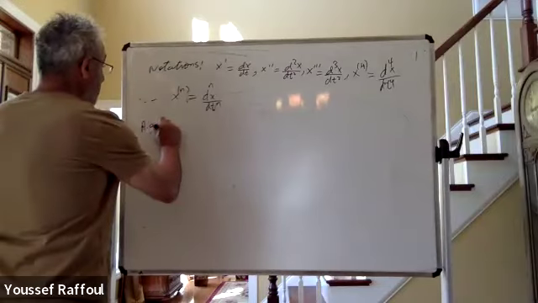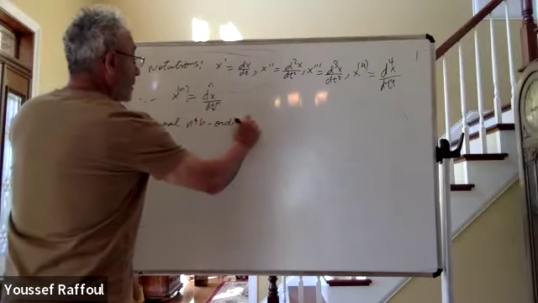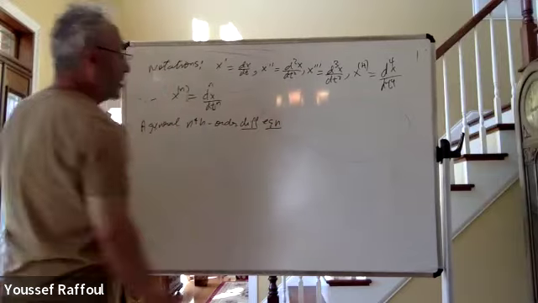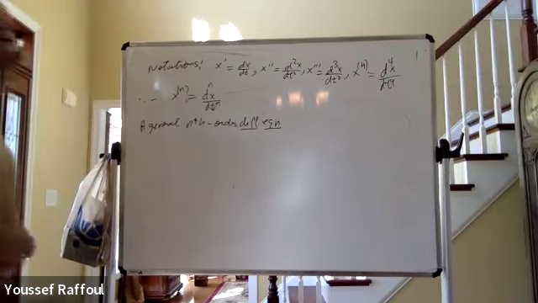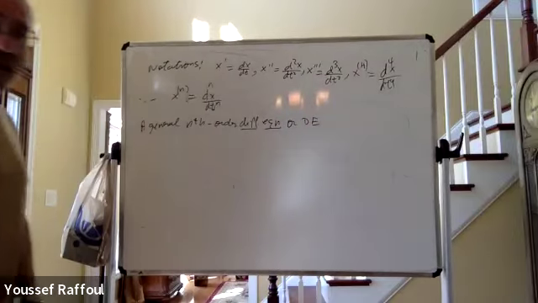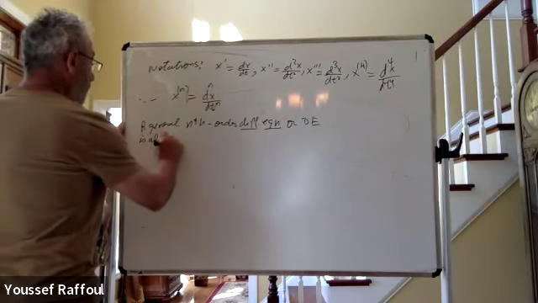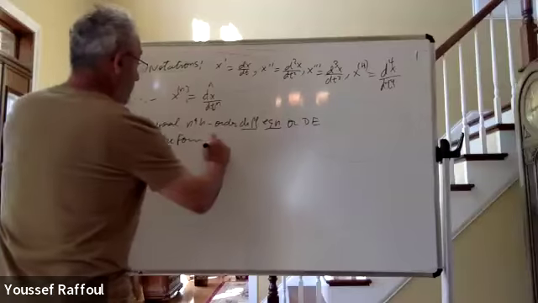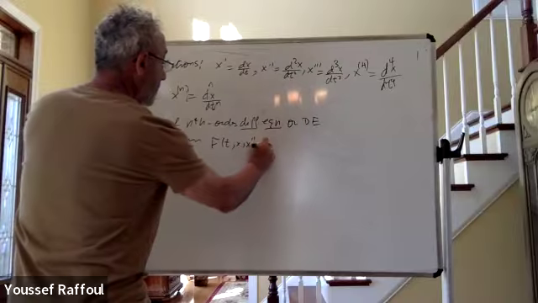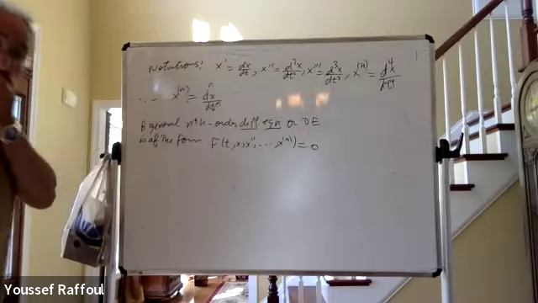Again, a general nth order differential equation, or DE, you may see me write this a lot, can be written as f of t, x, x prime, x second, up to x to the n equals 0. Okay?